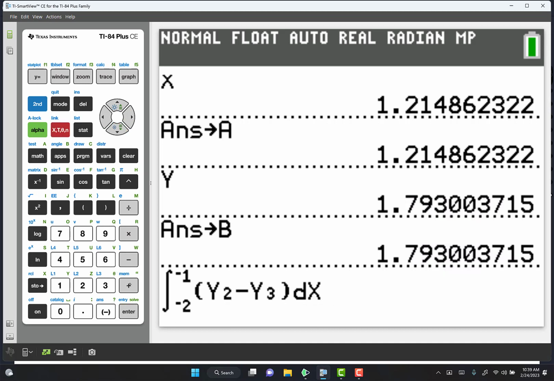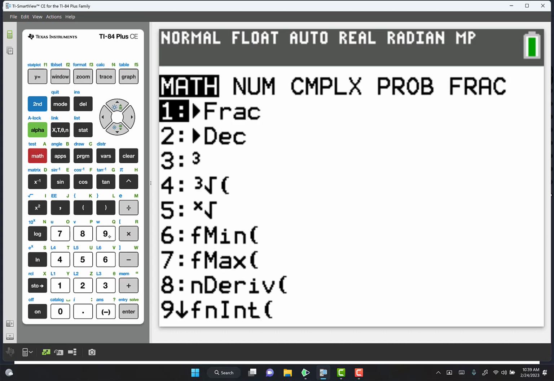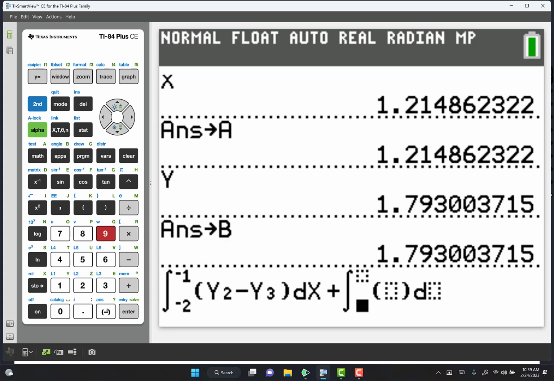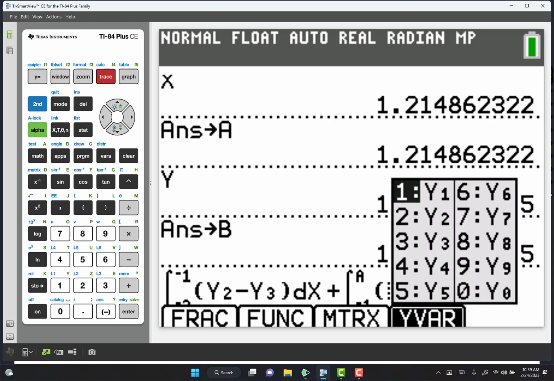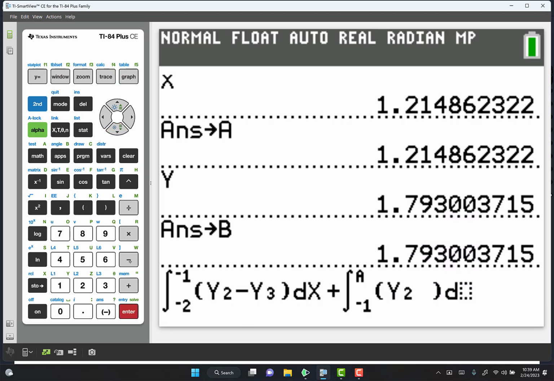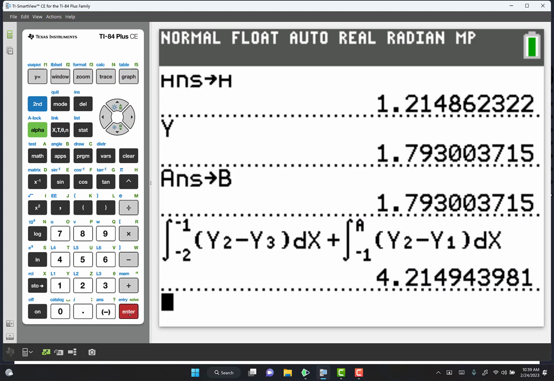Plus math 9 from -1 all the way to alpha A, right? And then what curve do you have on top? Y2 minus Y1. And then everything looks good. Let's see, push X, enter. Everyone should get this answer, digit per digit all the way.